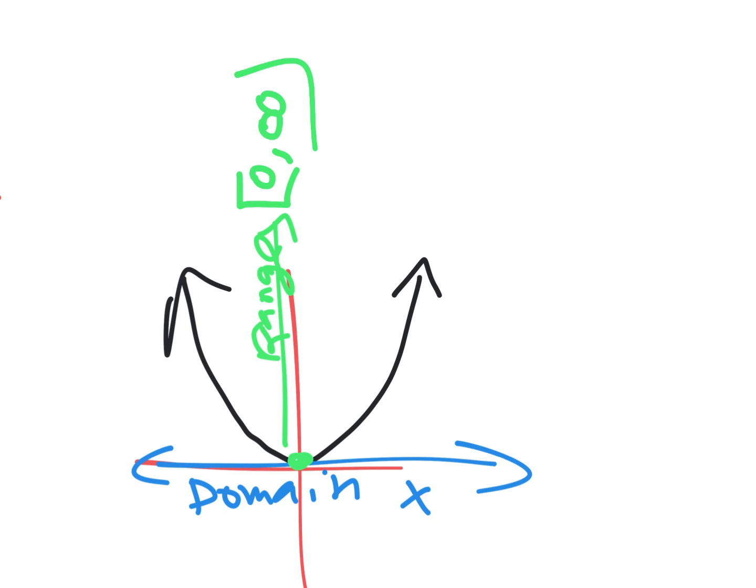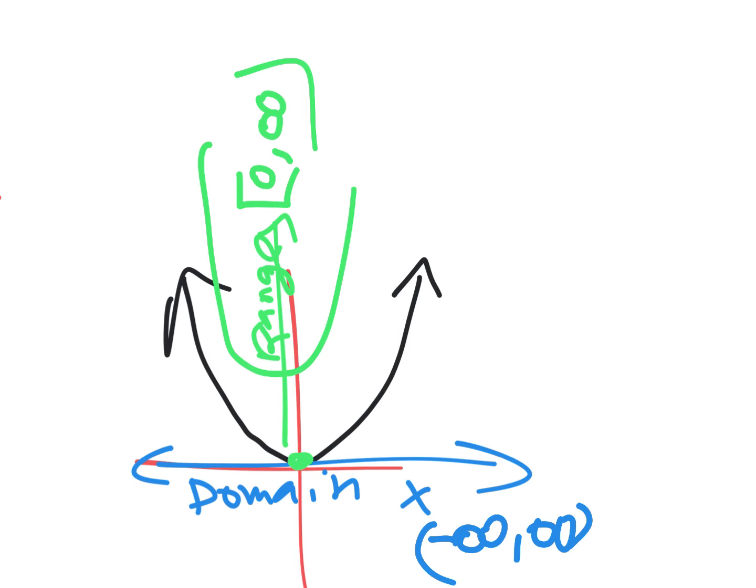All right, so what's the domain of this one? Negative infinity to positive infinity. Everything works. It's what you can safely feed this function. And the range or the outputs, the things that are the y values, it's the y values. And the range of this one will be from 0 to infinity.